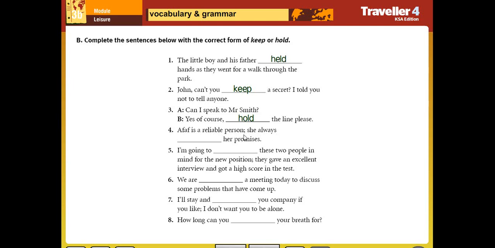She always her promises, الوعود. طيب يا ترى keep her promises or hold his promises? يفي بالوعد. يلا can anybody tell me? Yes, it's keep a promise.